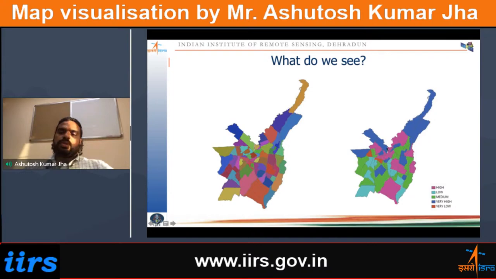Looking at this, we can say that there are a few polygons which look similar, so there are a few values which are expected to be quite close to each other. And there is also a kind of grouping of the different polygons, so you have different groups of polygons which are co-located.